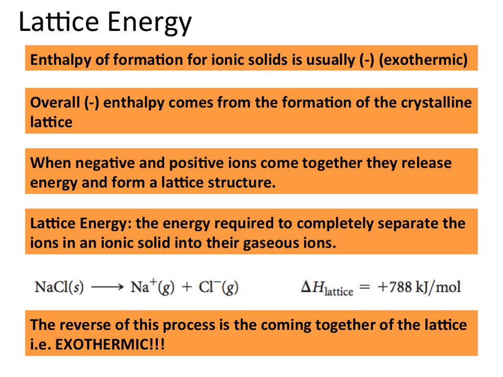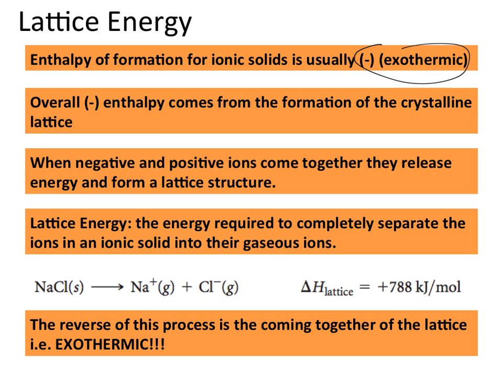So lattice energy, or the energy associated with the structures that form in ionic solids, usually has an enthalpy of formation that is exothermic, meaning that when ionic solids form large structures or interact in a repeating way to form a lattice, energy is released.